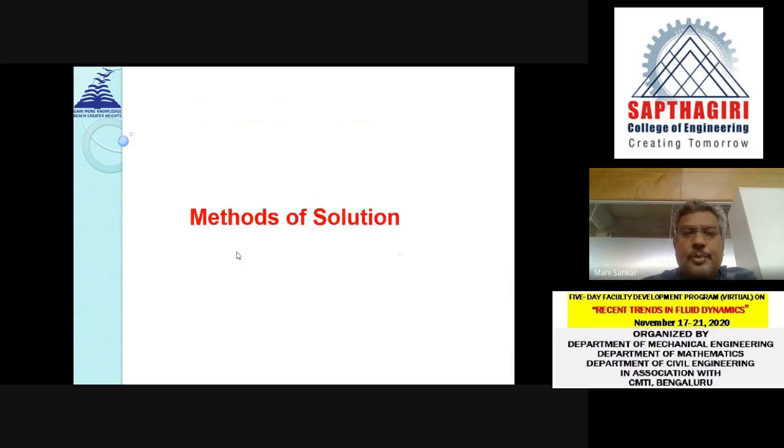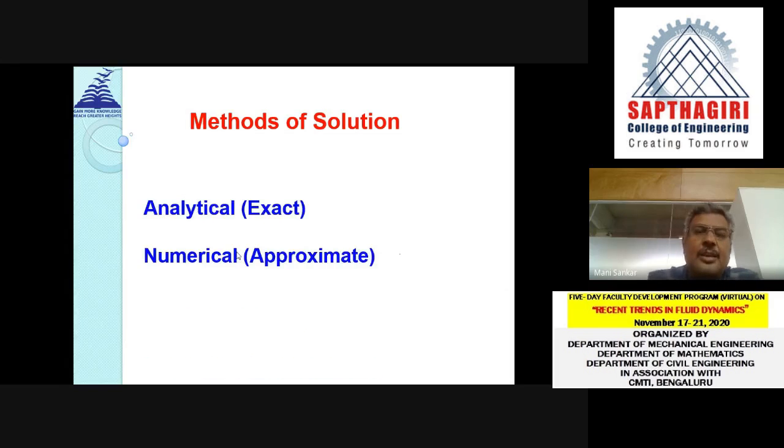And when we come to the numerical solution of PDE, generally we classify the solution into two types. One is the analytical technique, another is the numerical technique. There's no doubt that the analytical solution, which we also call an exact solution, is the most powerful solution because it is available in the solution domain continuously.